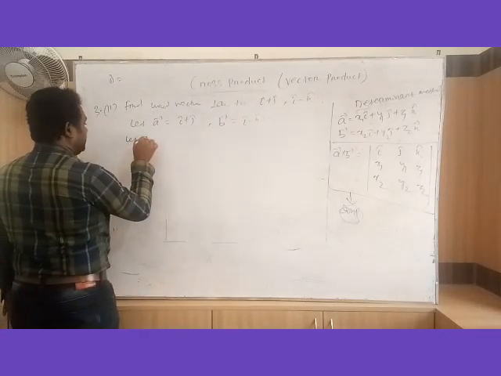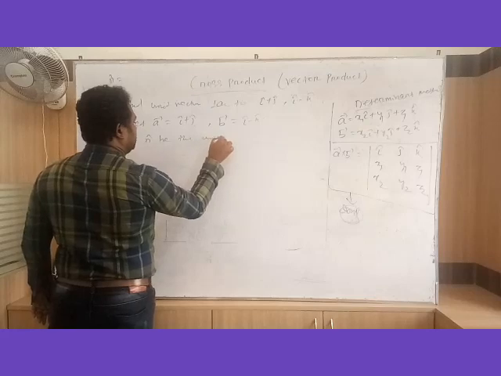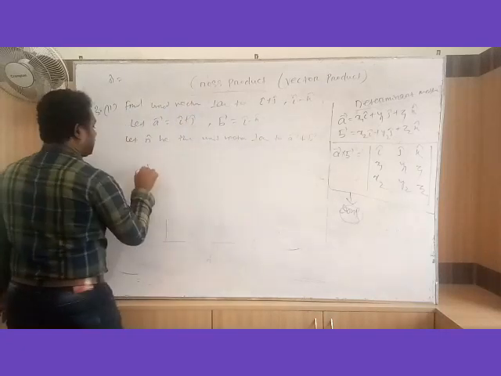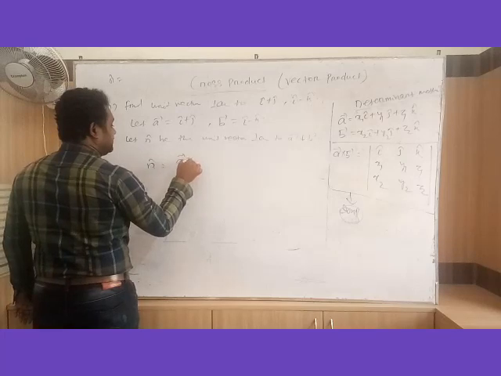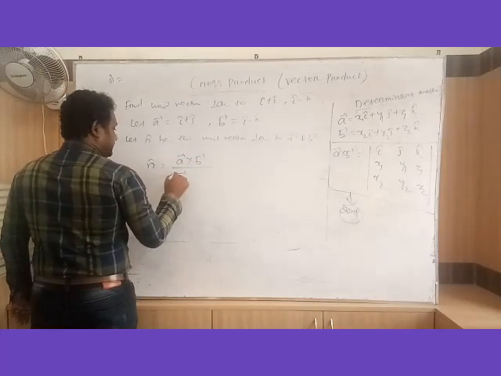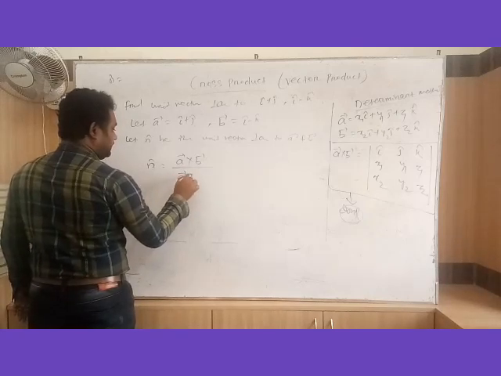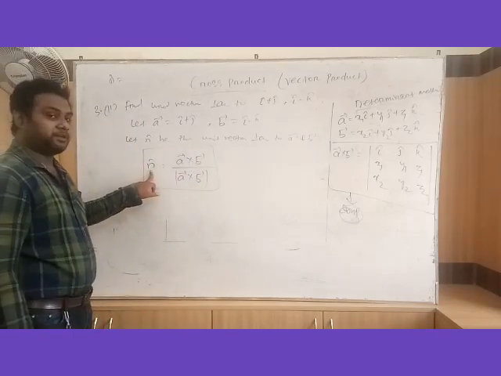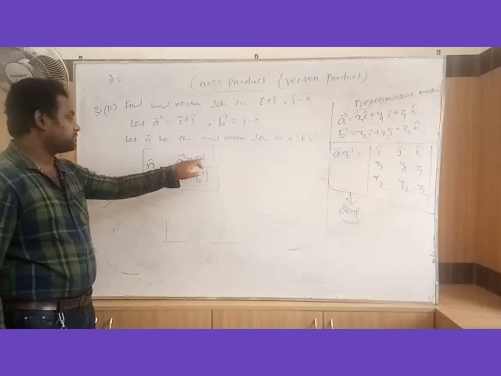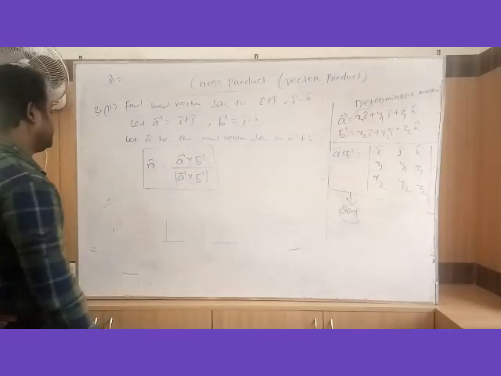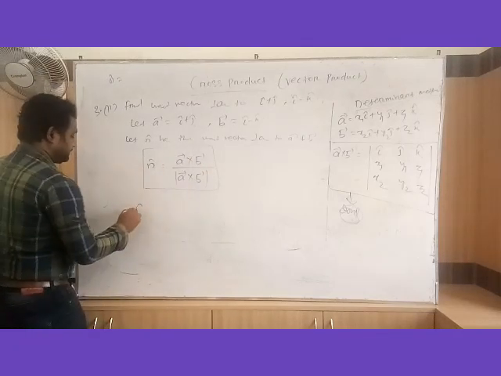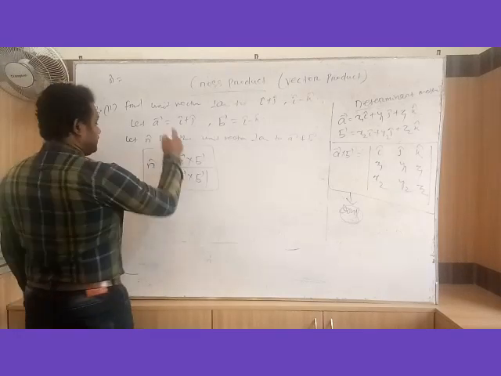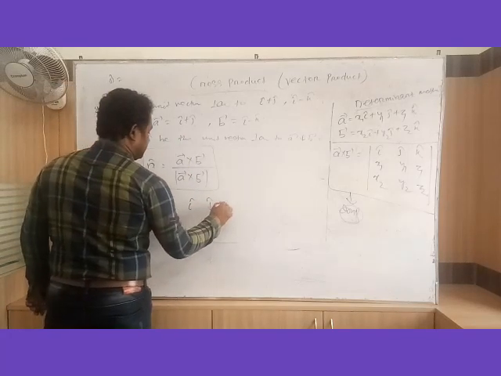So let n cap be the unit vector perpendicular to vector A and vector B. We know the formula of n cap: n cap equals A cross B divided by magnitude of A cross B. Now you have to find A cross B. A cross B equals the determinant with i cap, j cap, k cap.